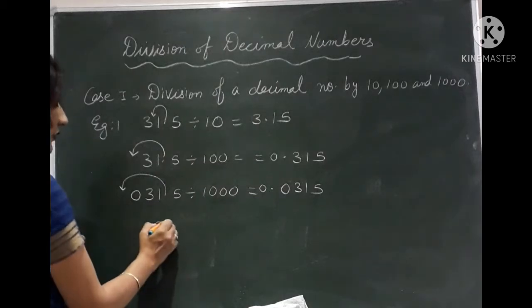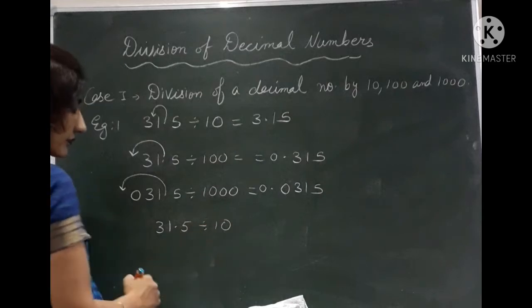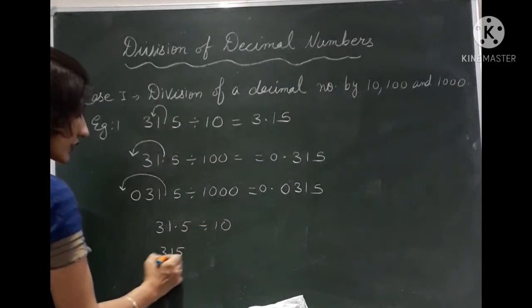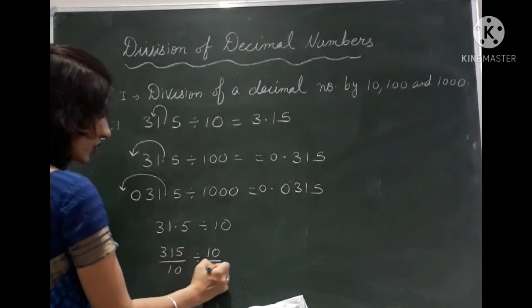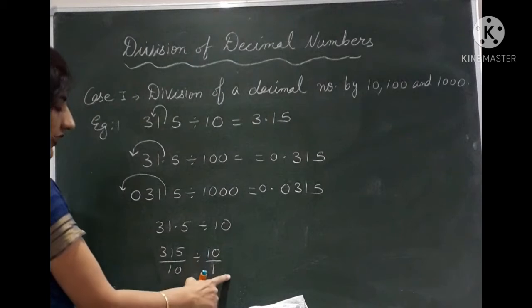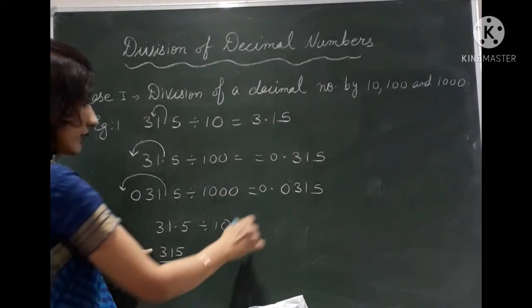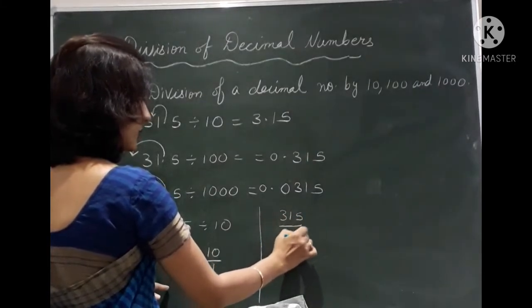Otherwise, the other method: if you see 31.5 divided by 10, I will remove the decimal. It will become 315 upon 10 divided by 10 upon 1. This is a fraction, this is a fraction. The question has become division of two fractions. So how will I do it? The first fraction I will write as such, 315 by 10.